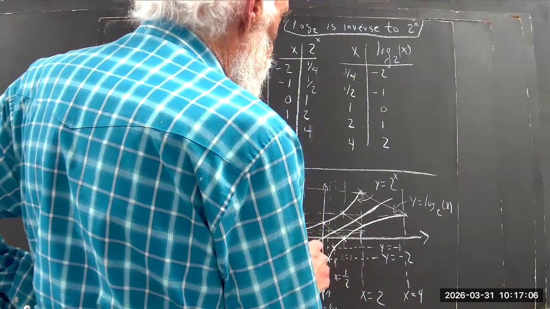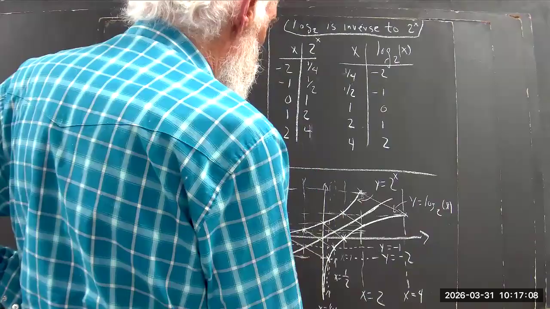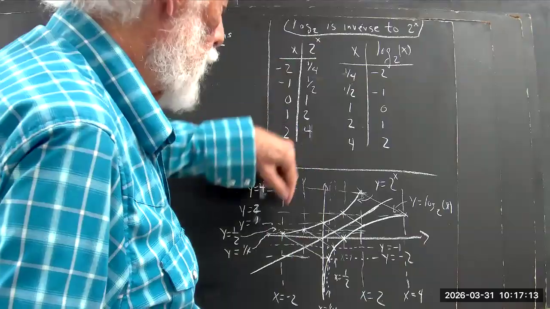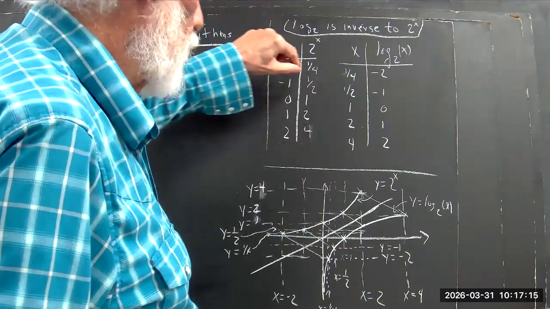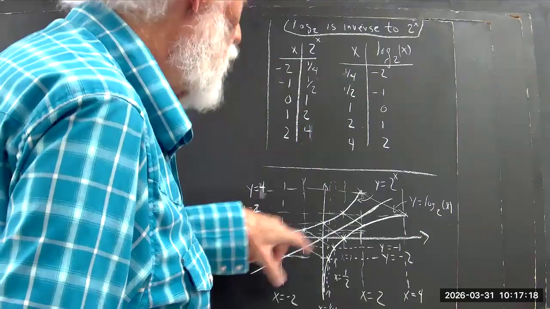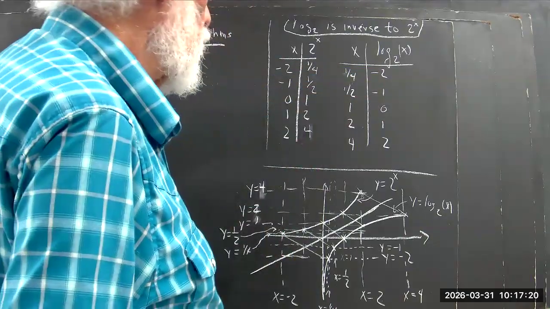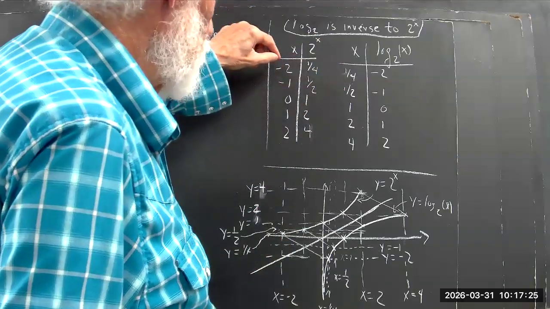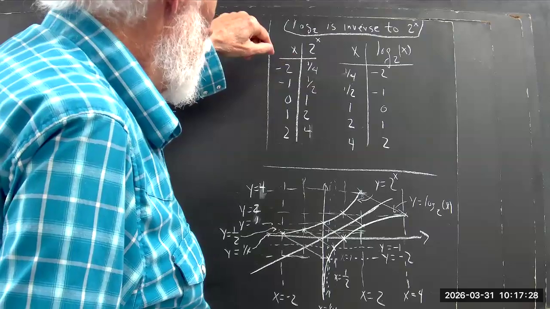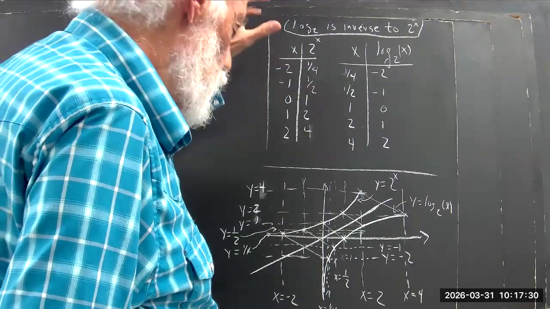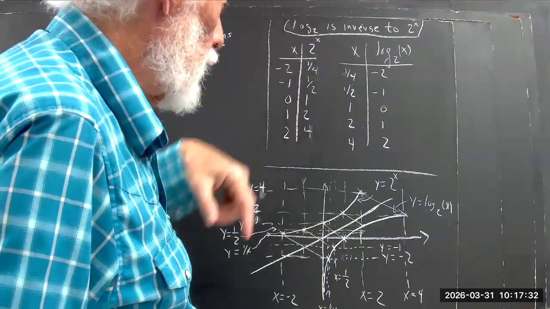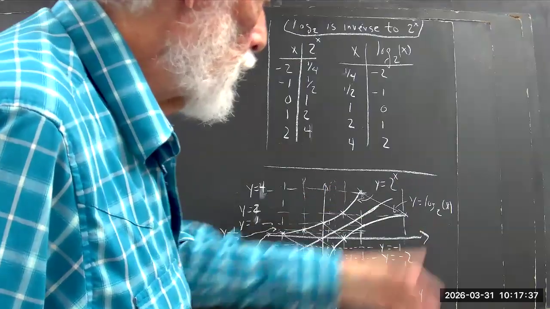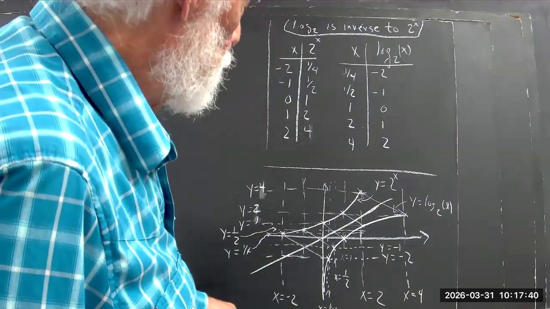If we connect each point on the 2 to the x graph, each of the points we draw, -2, 1/4, -1, 1/2, etc., to the corresponding points on the log x graph. So we draw a line from the point -2, 1/4 on the 2 to the x graph to the point 1/4, -2 on the log base 2 of x graph.